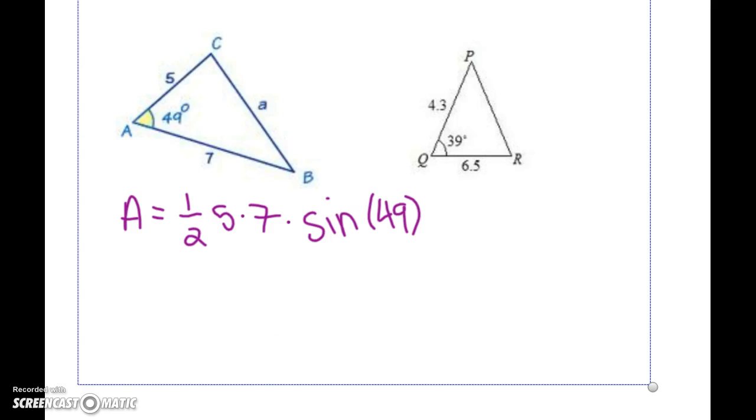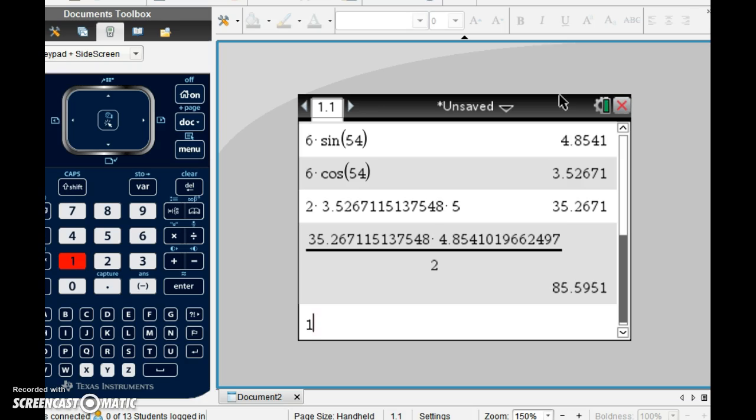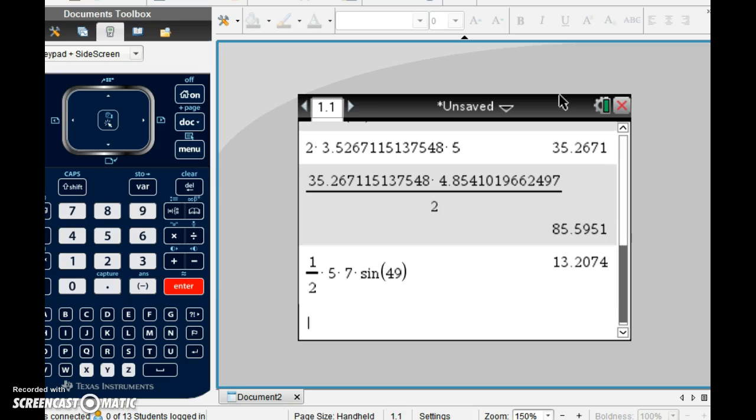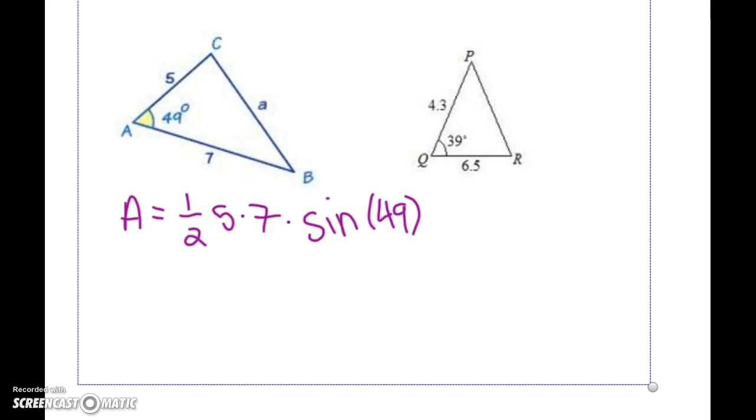I'm going to jump in and do 1/2 of 5 times 7 times the sine of 49, and I get 13.2074 as my area. So we get area equals 13.2074. I want you all now to do this example on your own.